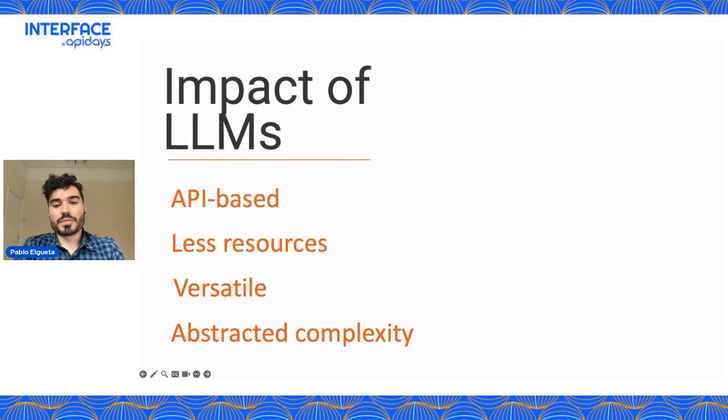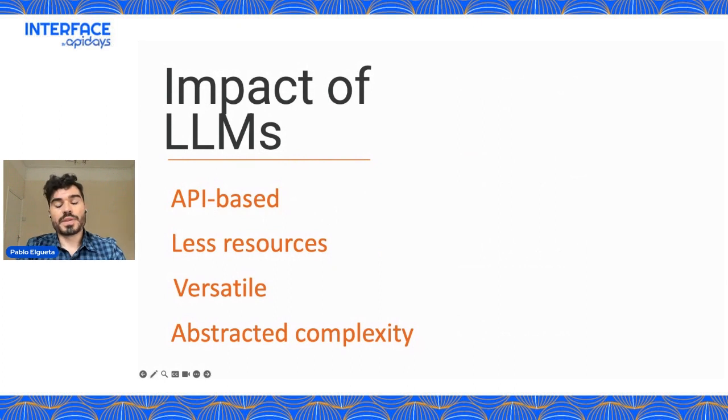And the other big impact that LLMs have had is also that, as you might have seen from, for example, ChatGPT, they're very versatile. So they can perform multiple tasks, like, for example, translation, summarization. They can generate content and even reason to a certain extent.